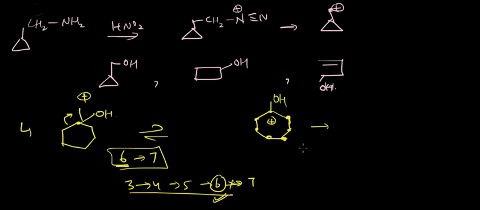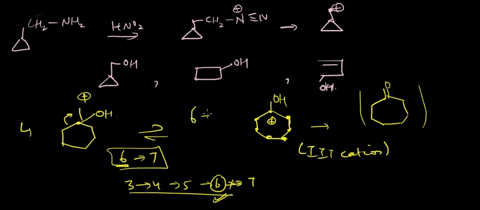This is the formation of a highly stable cation, wherein the positive charge is attached to the carbon atom on which the oxygen atom is also attached. So we'll get a ketone formed as a result. Hence in this case 6 to 7 ring expansion is possible because of the formation of a highly stable cation.